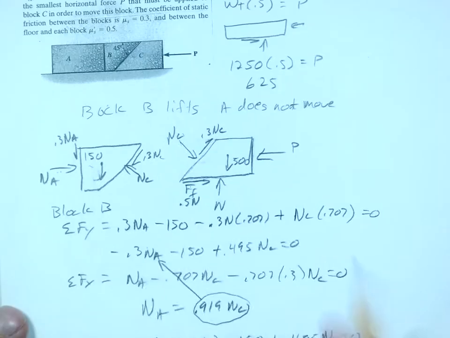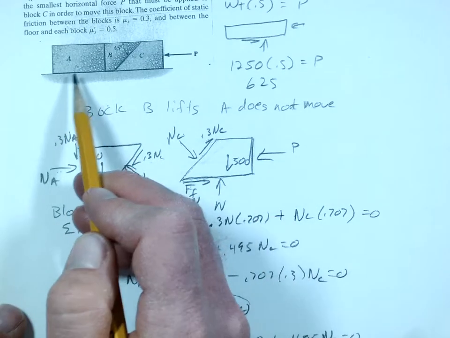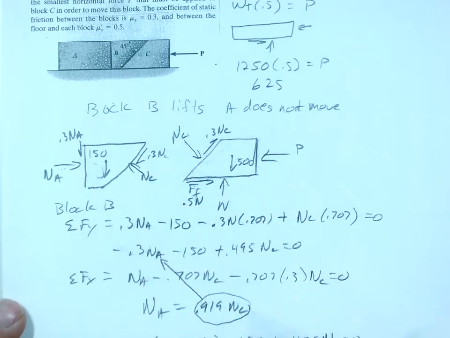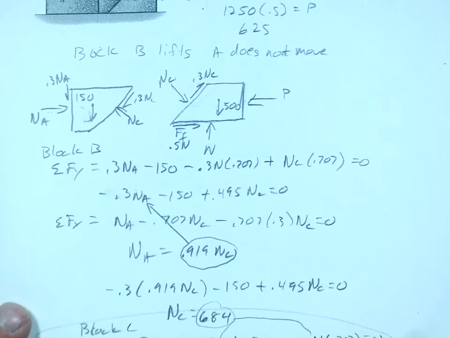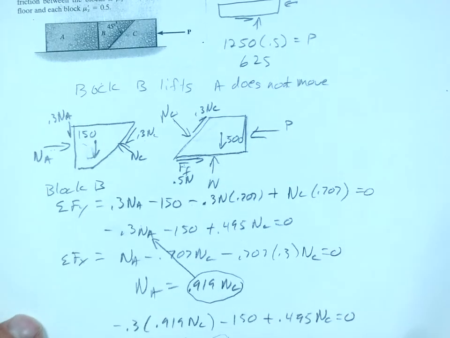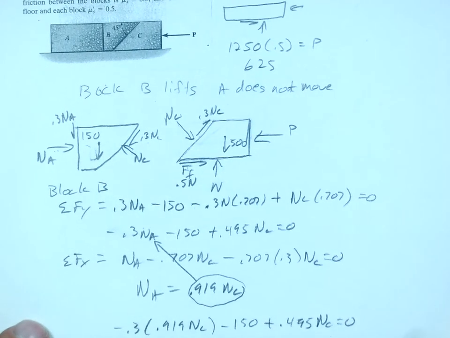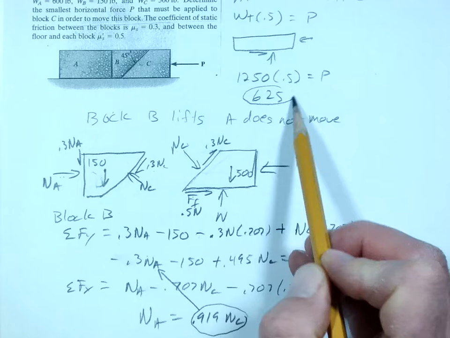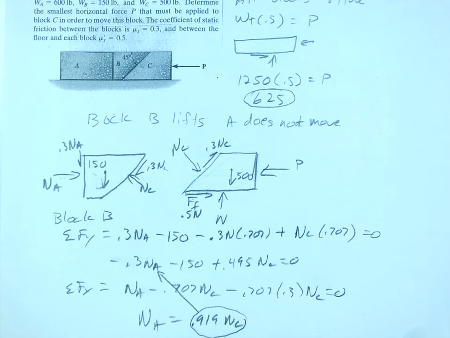So block A can only resist 300, but to get block B to go up, we need 629, so that's too much, and block A will slide before block B lifts. Therefore, the failure mechanism is all blocks slide at 625.